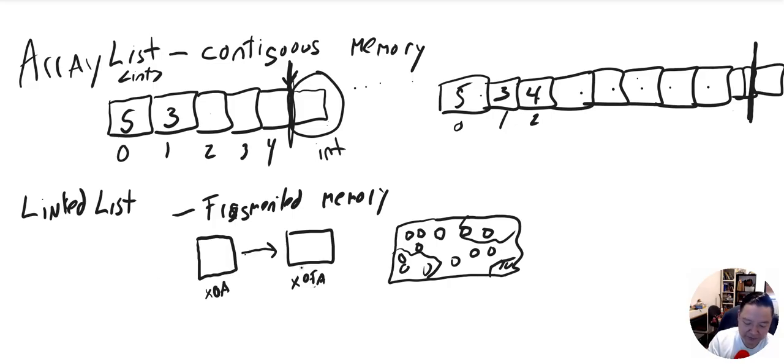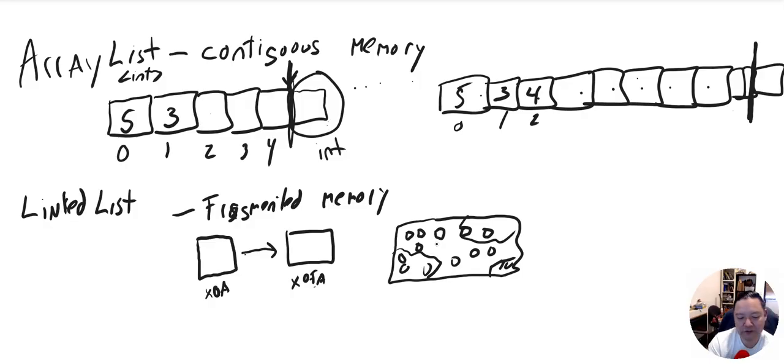They're all fragmented by default, and they don't have to be right next to each other. So as I insert data, it's just going to find the first open spot. You can think of this as a parking lot, where if you need a space, you can just find the first open space, and there it is. You can put the element in there, which again sounds a lot better.